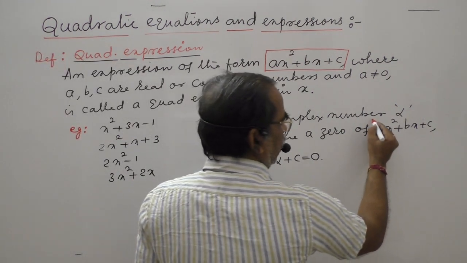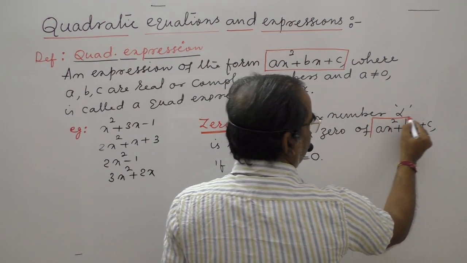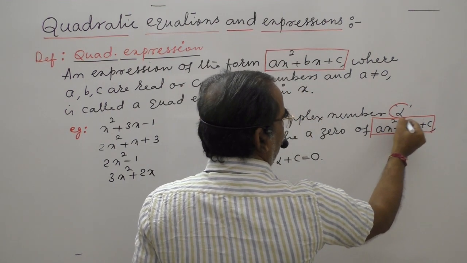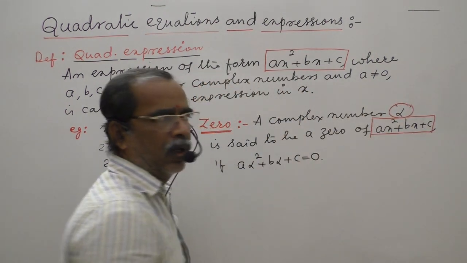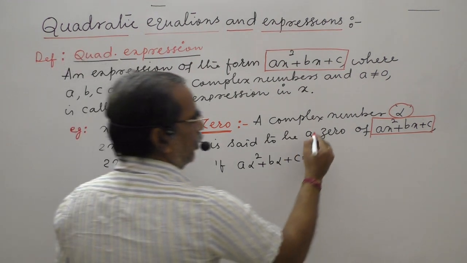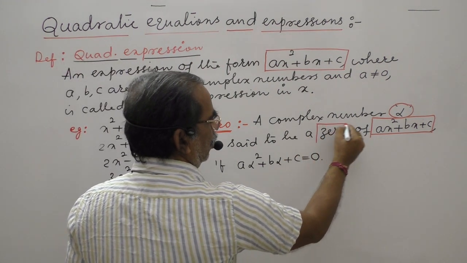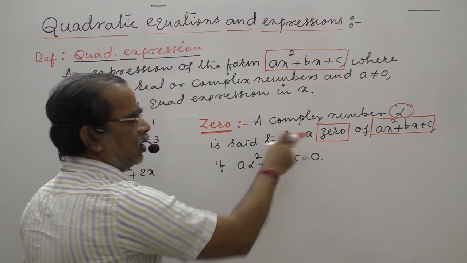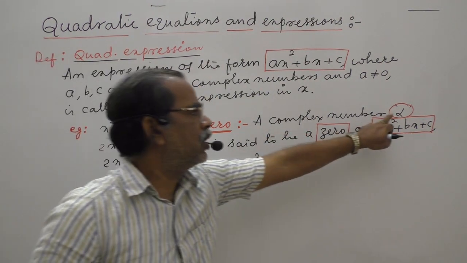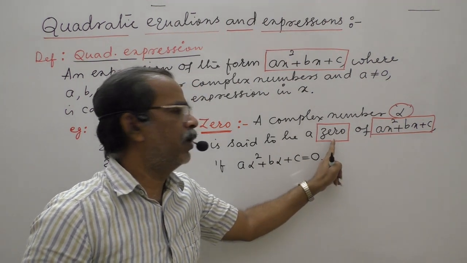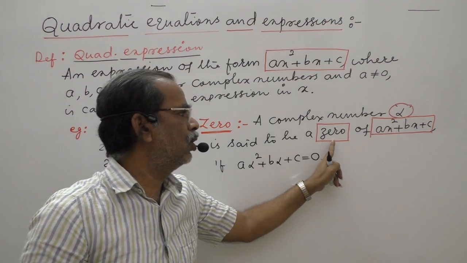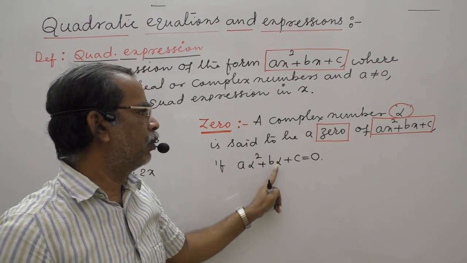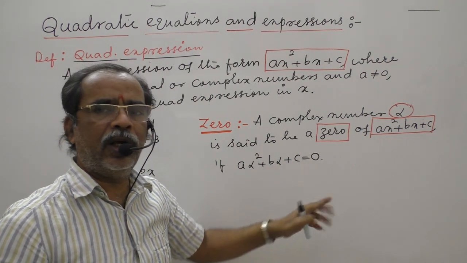If a quadratic expression is given, a real number or complex number alpha is said to be a root, not root. For an equation it is a root, for an expression it is called a zero. This complex number alpha is said to be a zero of this expression if a alpha square plus b alpha plus c is 0.